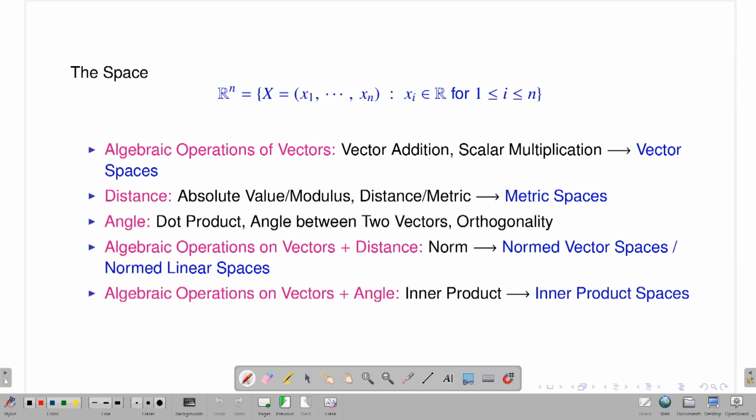So the algebraic operations on vectors plus the angle between two vectors give us the inner product, and that leads to the concept of inner product spaces. These concepts come from linear algebra. Then linear algebra and analysis concepts are combined together into the subject called functional analysis, which mainly studies all these properties.